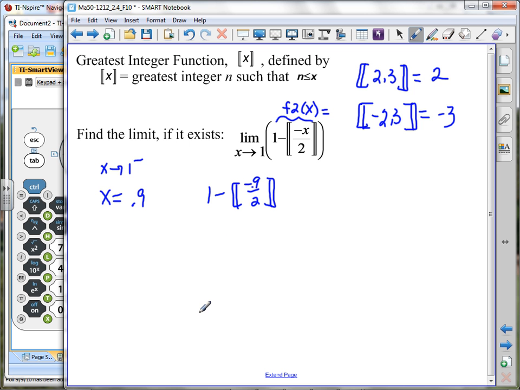Well, let's see, if I have 9/10 and I divide by 2, that's the same as multiplying by a half. So that would be negative 9/20. So what's the greatest integer that does not exceed negative 9/20?